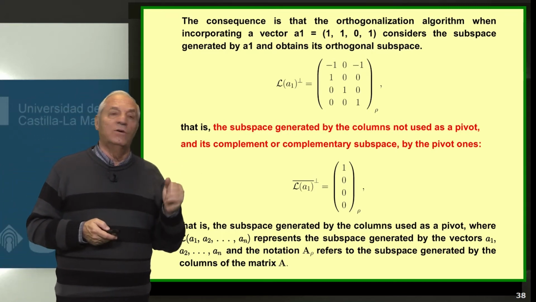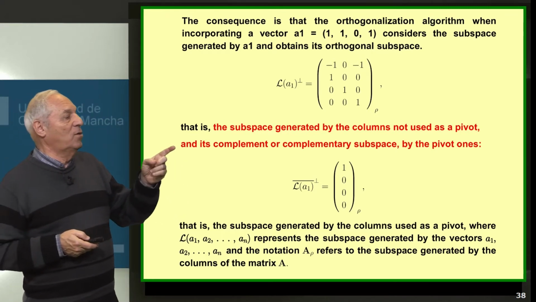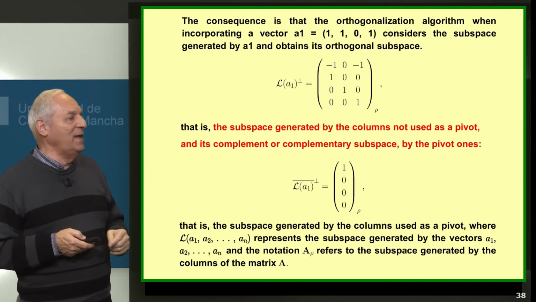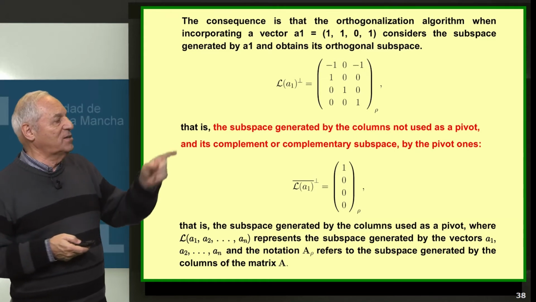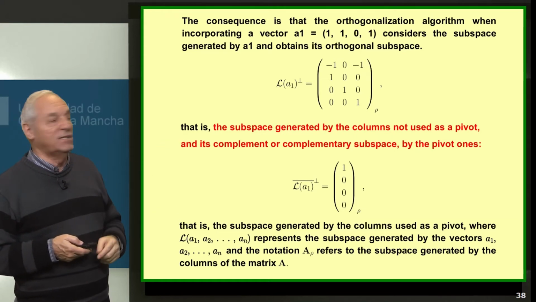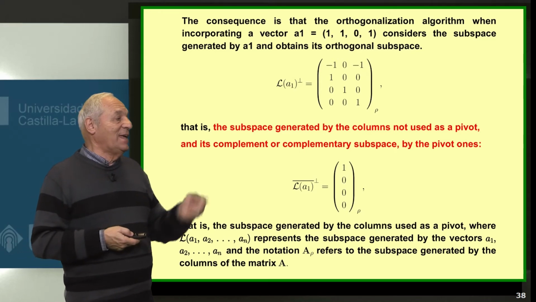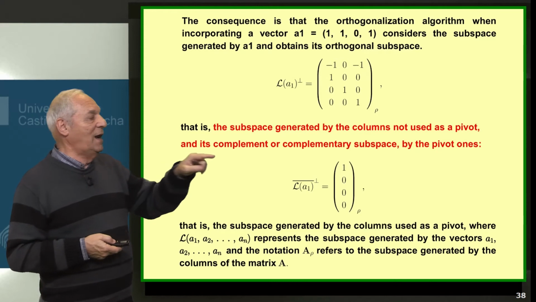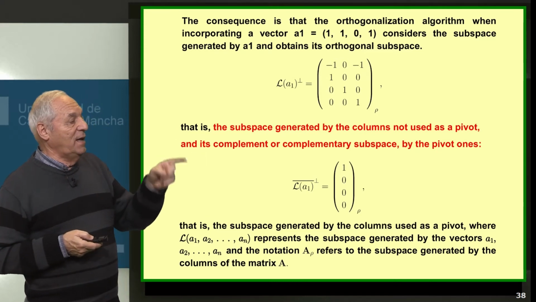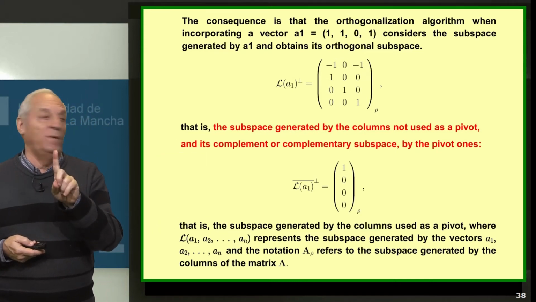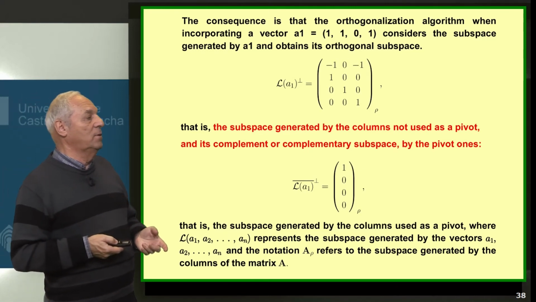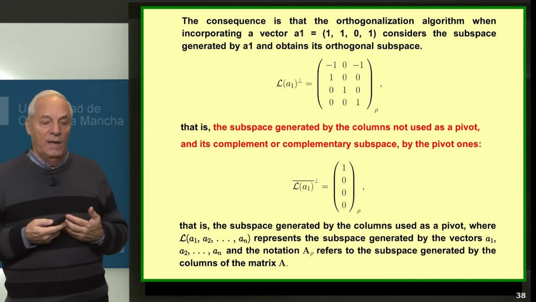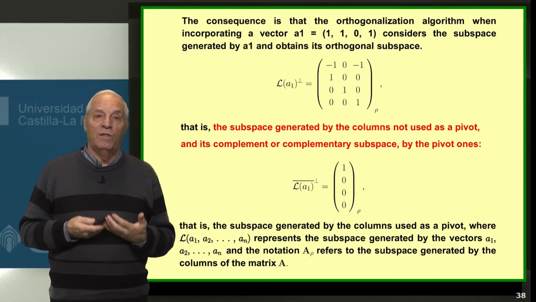In this particular case, you can see that the orthogonal of A1 is the subspace generated by that matrix, which are the 3 columns that we obtained in the algorithm, and that the complementary to the orthogonal of A1, indicated by a top bar, is the linear subspace generated by a vector, which is the pivot. Therefore, all is clarified. This algorithm is designed to obtain the complementary and the orthogonal subspaces.